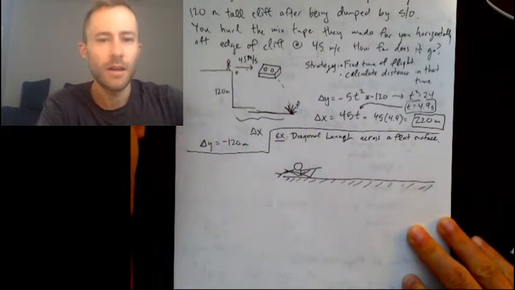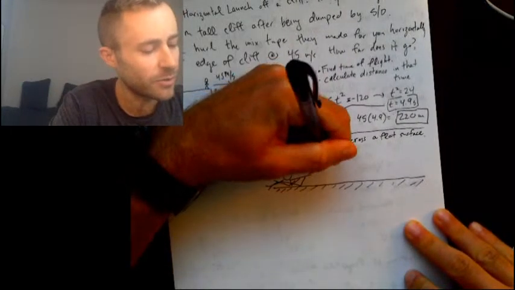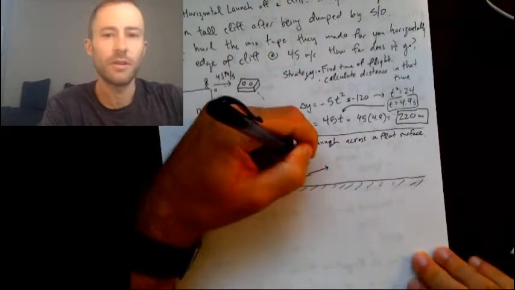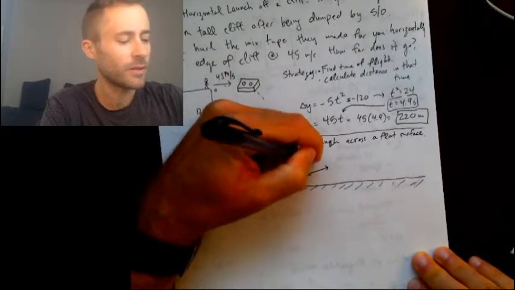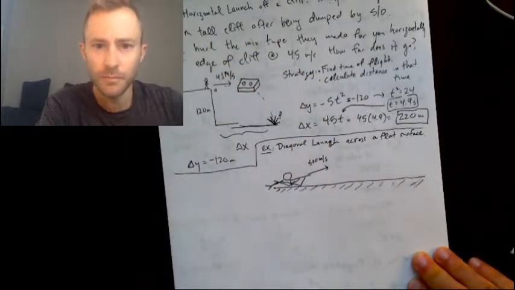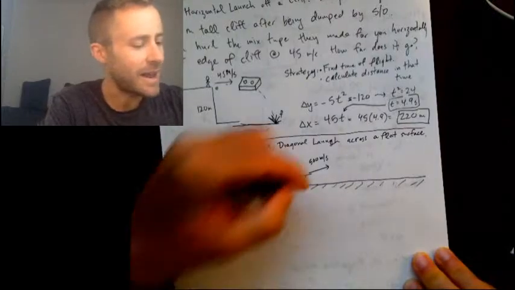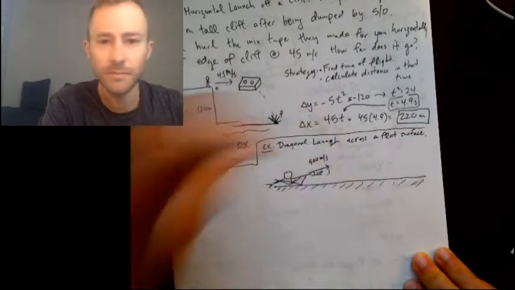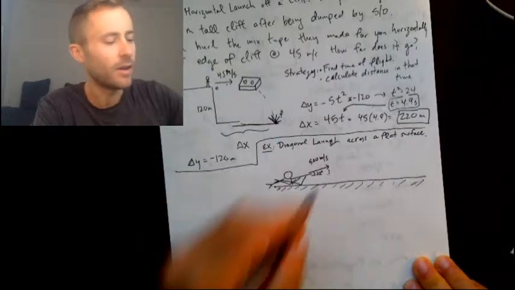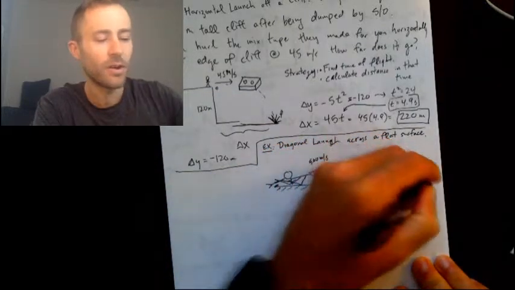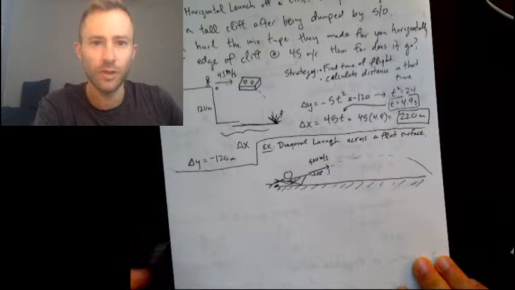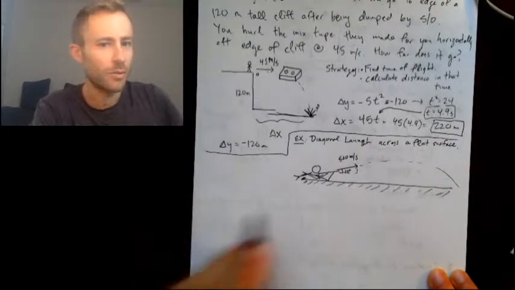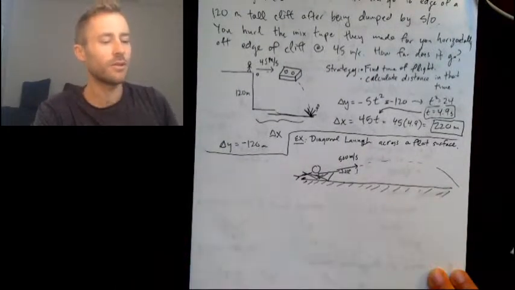Okay. And the sniper fires the projectile at 500 meters per second at an angle of 10 degrees. Okay? And we want to know, how far does it go? So just like the last problem, we want to figure out how far horizontally it goes.